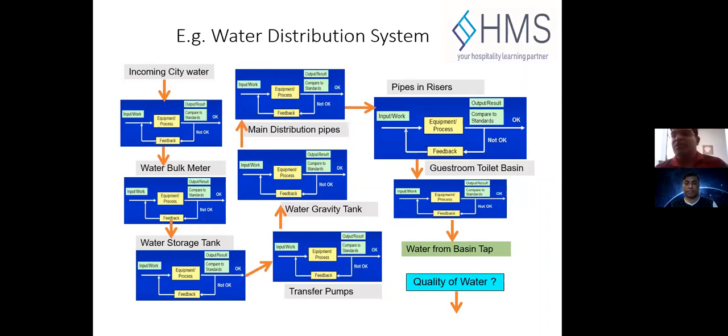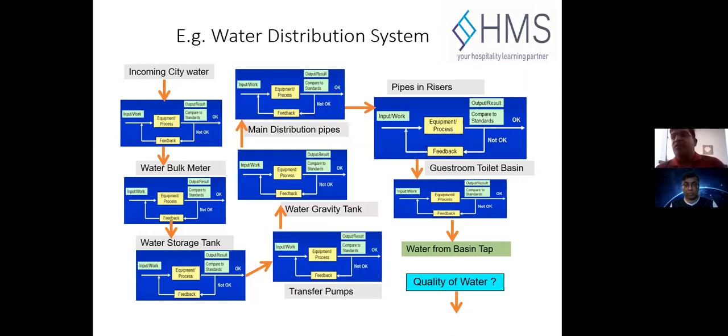Okay, we need to maintain the water level in the bulk tank. We need to have the metering there. We need to have the proper chlorine maintained on that. We need to have proper pH balance in the water.